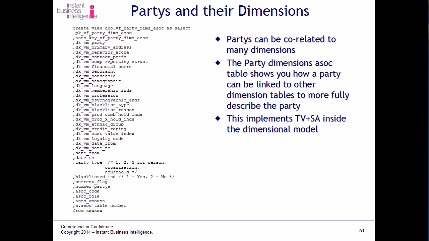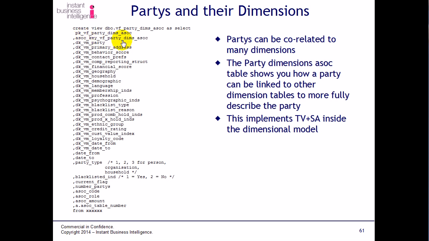So we just said that party was a type 1 dimension and party archive is now a type 2 dimension. What we do is we take all the information about the party that we want to archive and we split it out into separate dimension tables, fragment it into the database. And so here we have party dimensions association.